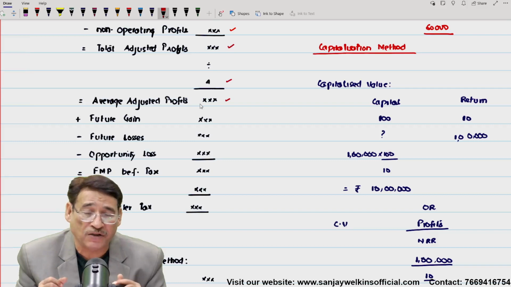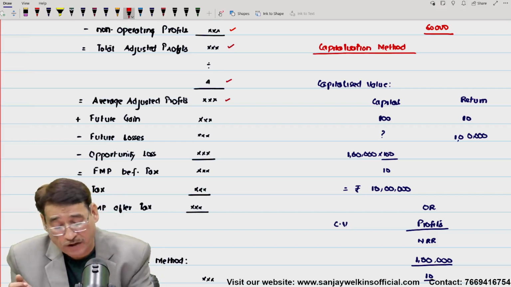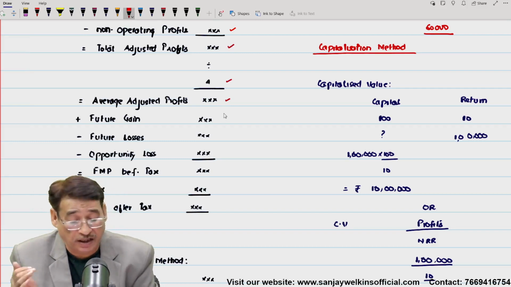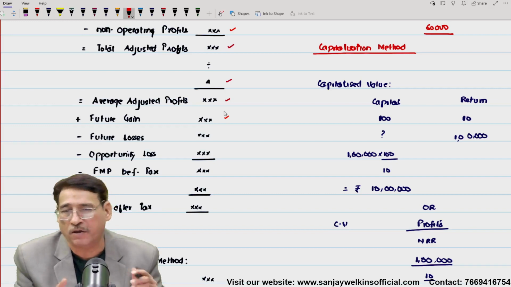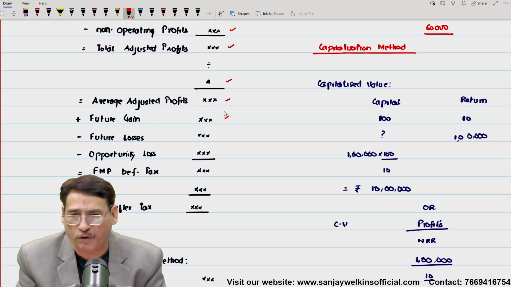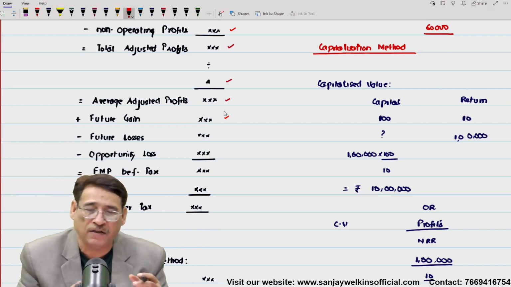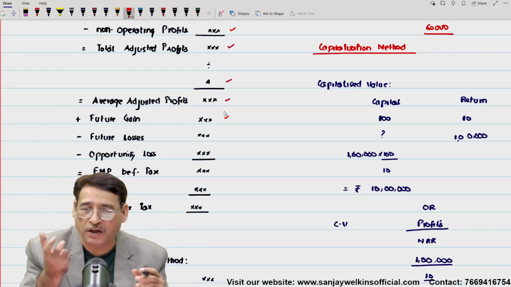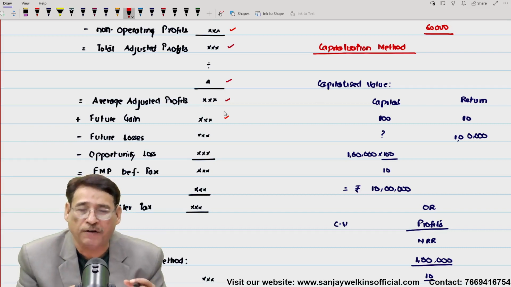Now, once we have arrived over the average adjusted profit, then if there would be any future gains, for example, here the selling party would insist upon this particular fact that you are taking over our business, and here you might have some future gain in the sense that the material which we import for the production of the product which our firm is manufacturing, correct?